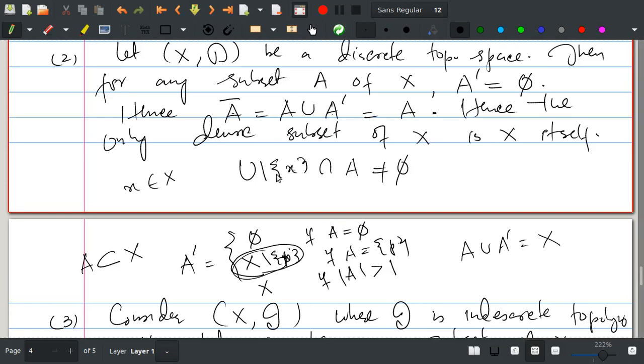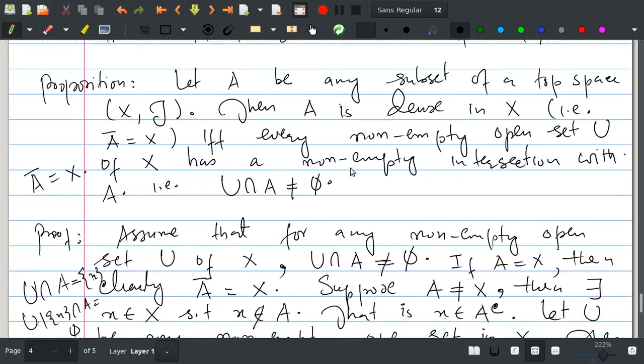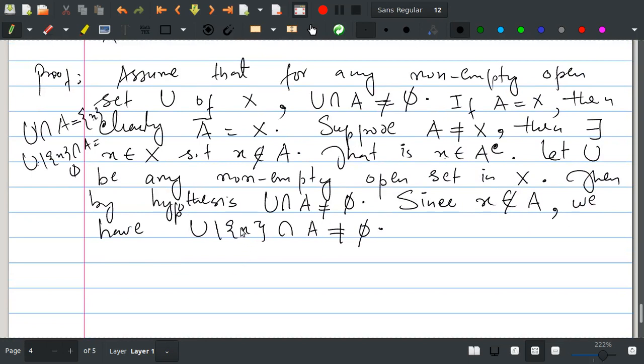Then we call this x a limit point of A. So this x satisfies this expression, and this is true for any open set because any open set U in X has a non-empty intersection with A. So that means this x is a limit point of A.